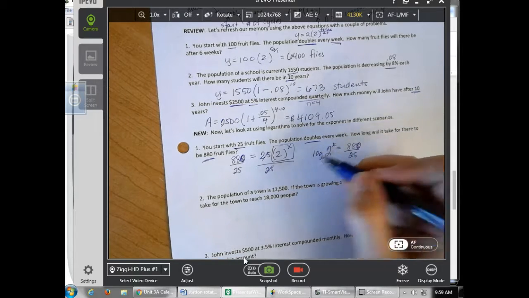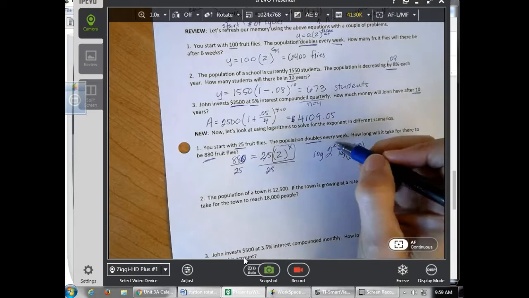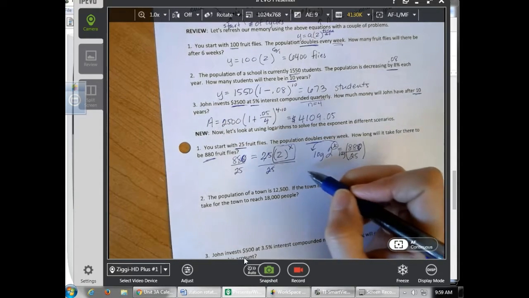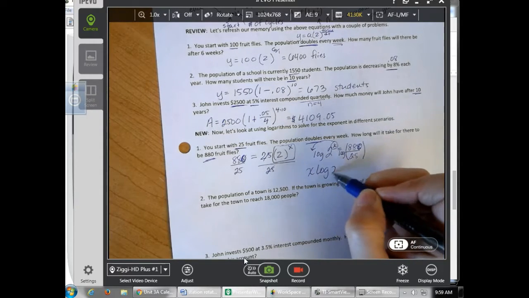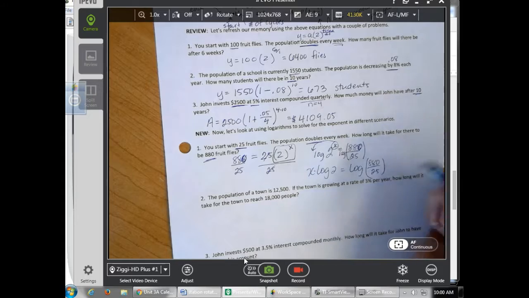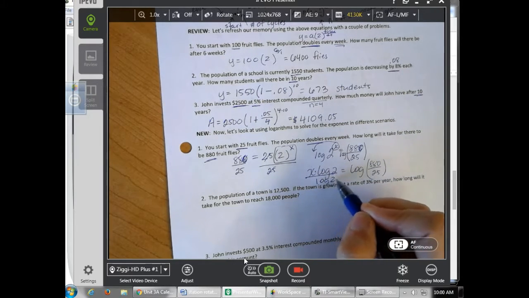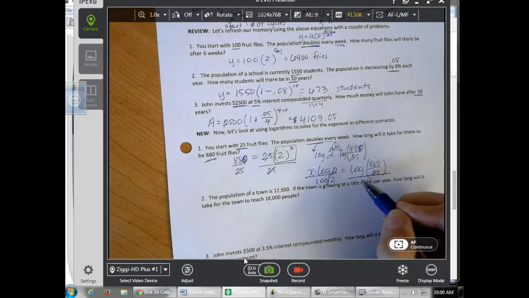So put a log here, and just put this in parentheses. And then the x will come out front. So I have x times log of 2 is equal to log of 880 divided by 25. So to solve for this x right here, I only need to divide by log of 2. So all this gets divided by log of 2.